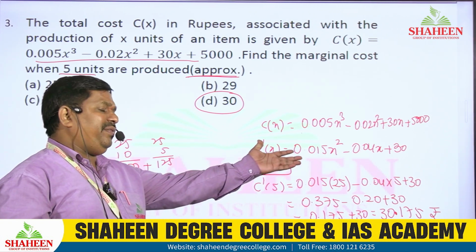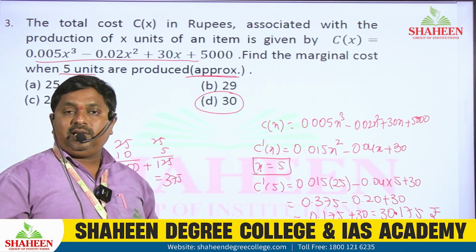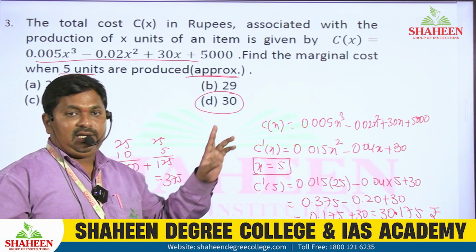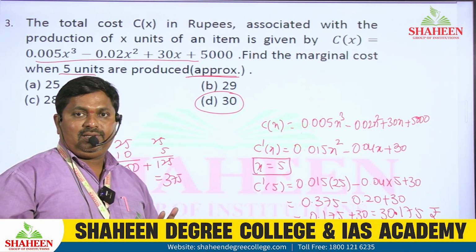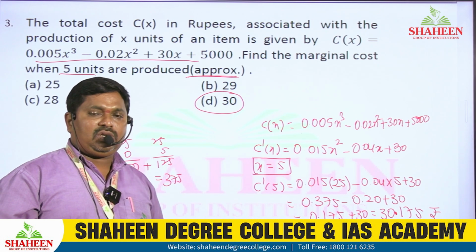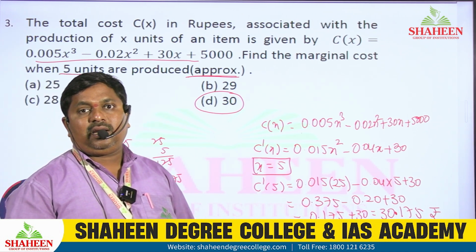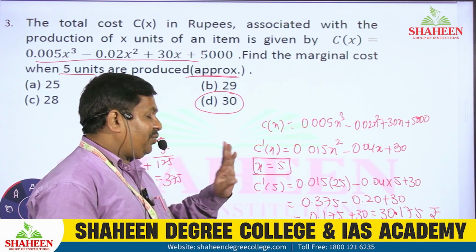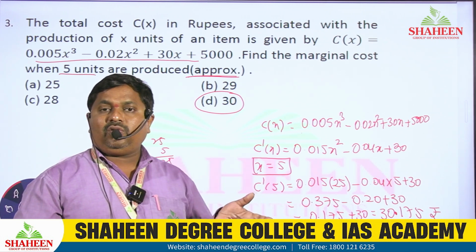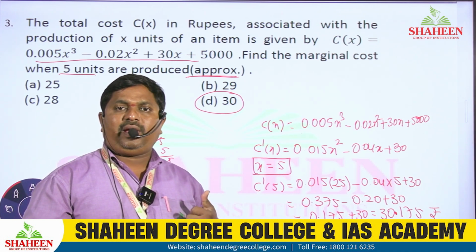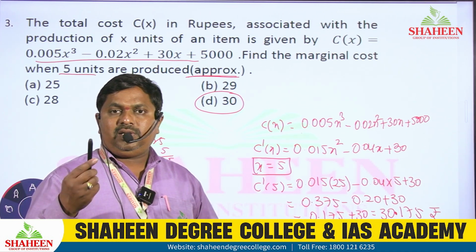So first we differentiate. This becomes the marginal cost function, and substituting x equal to 5 in this, we get the marginal cost of 5 pens. Suppose 10 pens are produced, then you take x equal to 10 after the derivative. So we can find the marginal cost for any number of items produced.